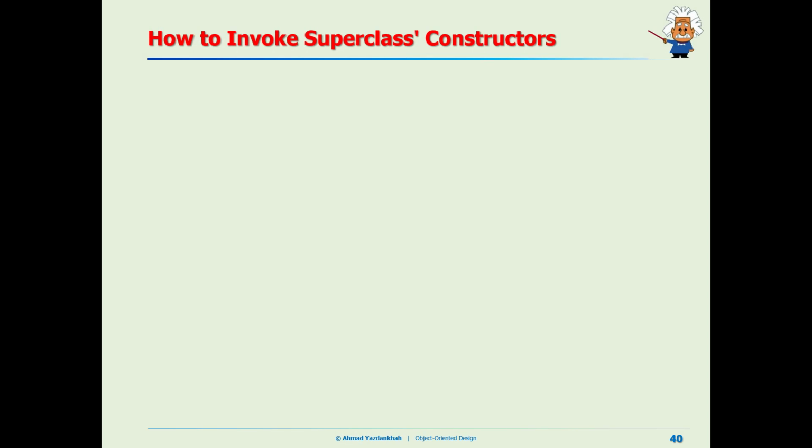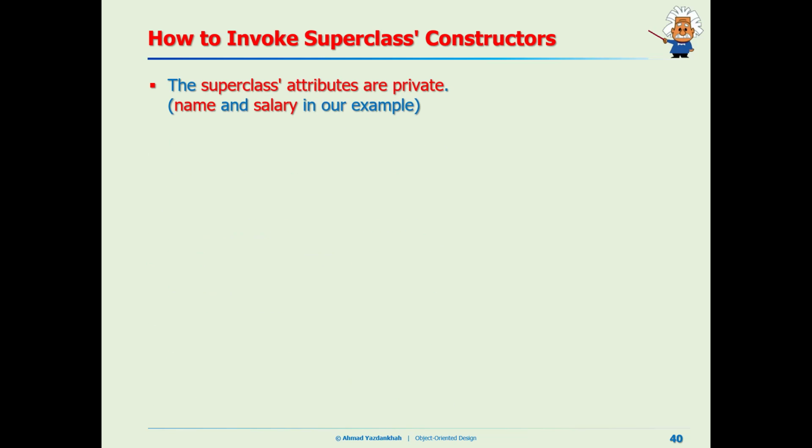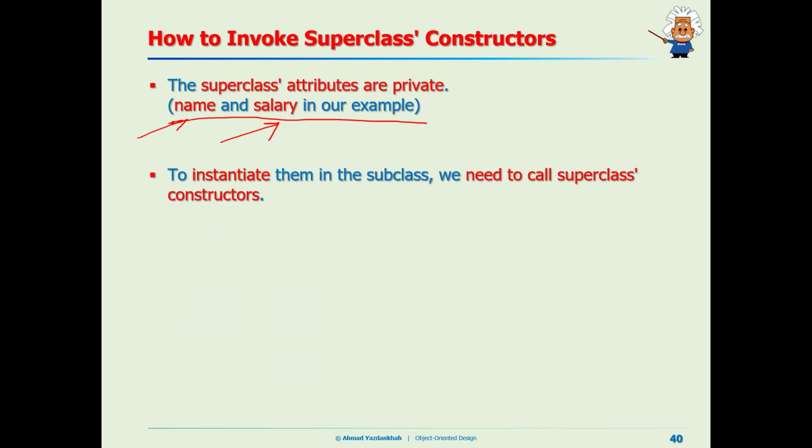I'm going to give you a demo regarding this, but let's see what we have in this slide. The attributes in this case are name and salary. And to instantiate the name and salary in the manager class. In the employee class, we know how to instantiate this, but the question is, how can we instantiate these two guys in the manager class?